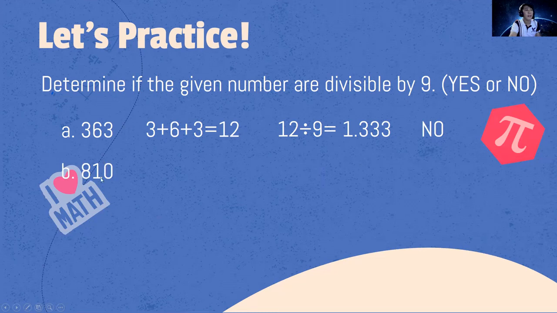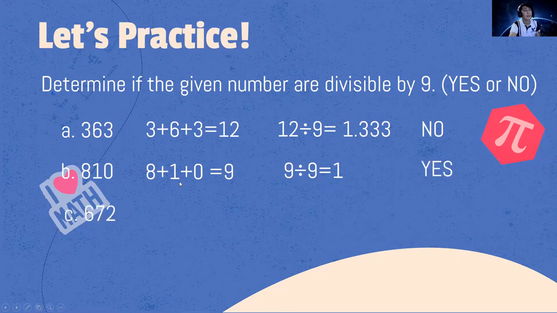How about 810? Let's add all the digits of 810. 8 plus 1 plus 0 is 9. Then 9 divided by 9 is 1. Therefore, 810 is divisible by 9. 672. Let's add all the digits of the given number. 6 plus 7 plus 2, that is 15.